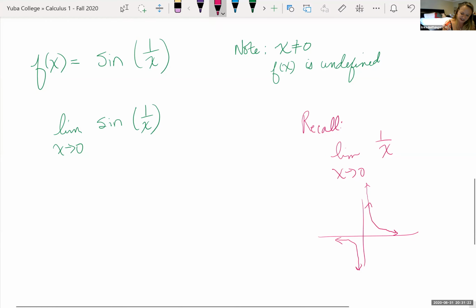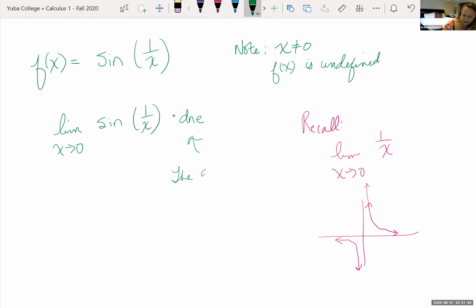Okay, so just coming back to the note piece, we saw that this is undefined. The limit does not exist.